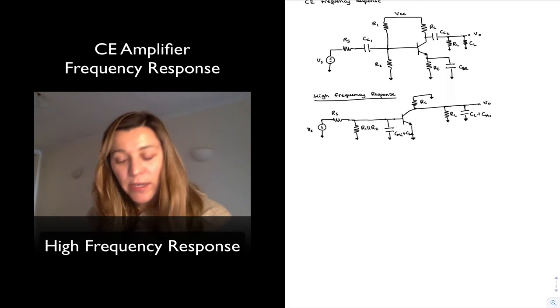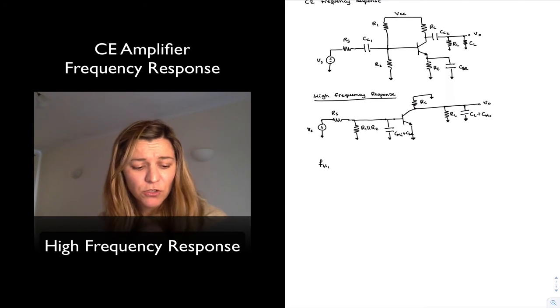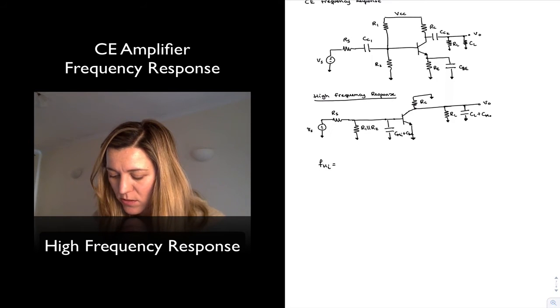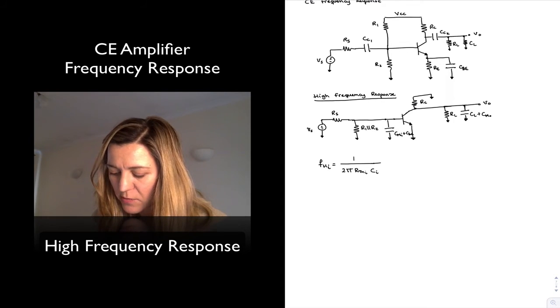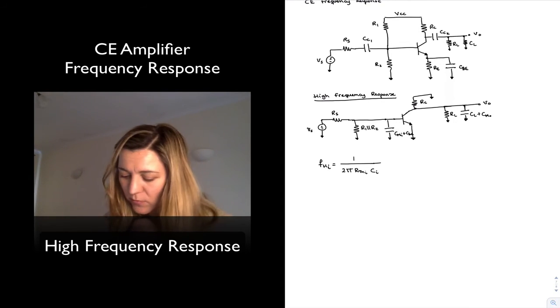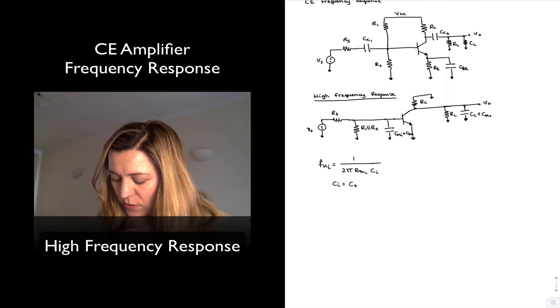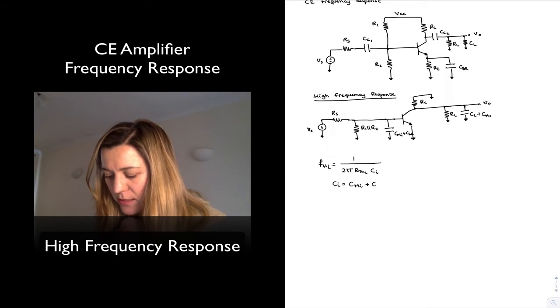So let's go ahead and consider FH1, which is going to be due to the input capacitance. So I'm just going to label it FHI for input. This is going to be equal to 1 divided by 2 pi R Thevenin, I will call it, CI for input capacitance. Where I have already determined that my input capacitance is the sum of the Miller input capacitance and CBE.